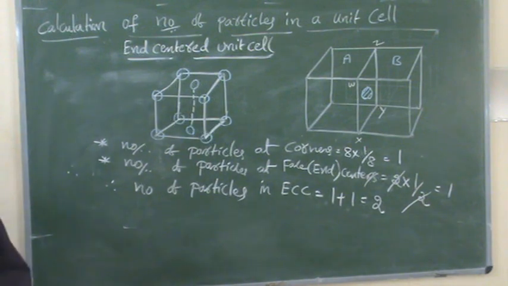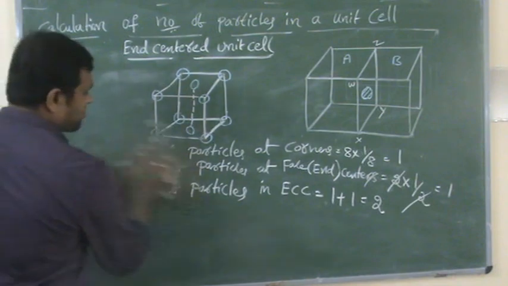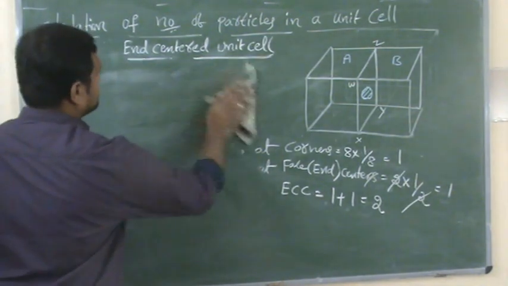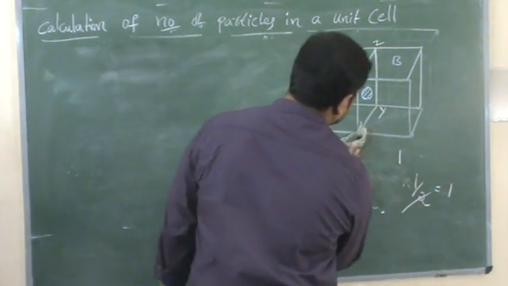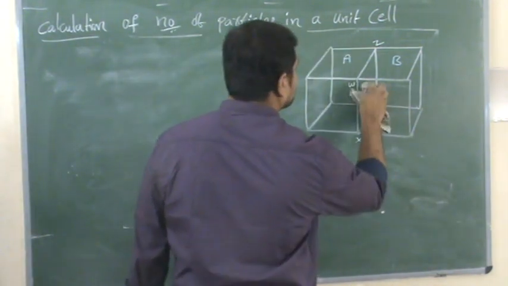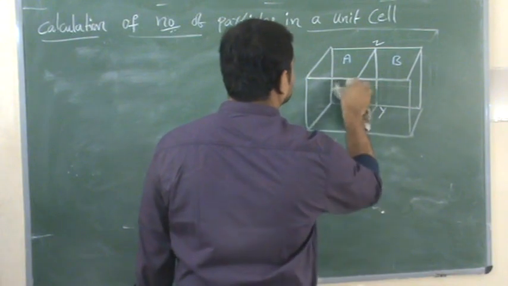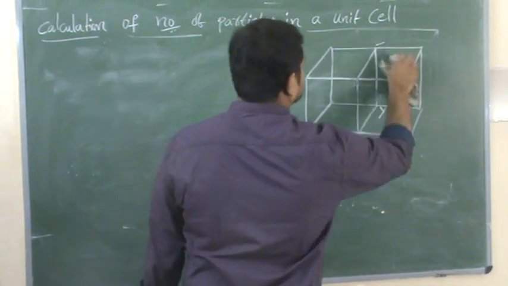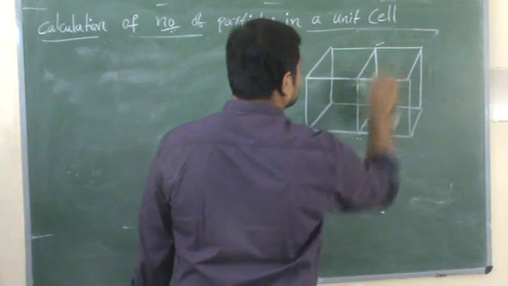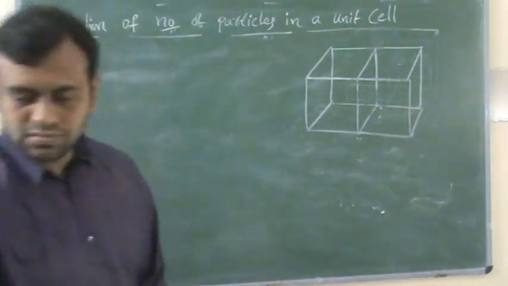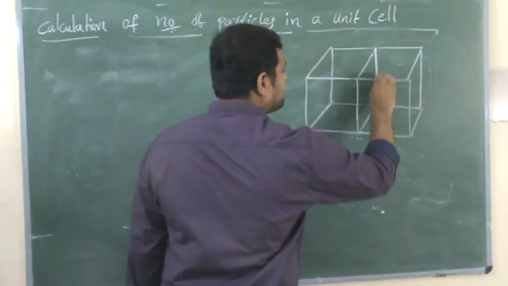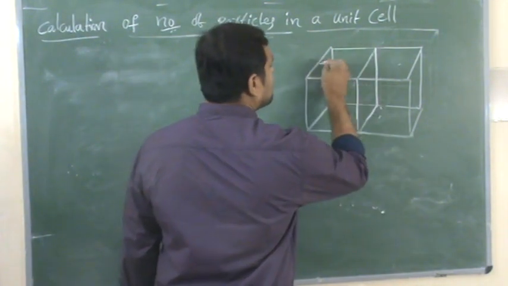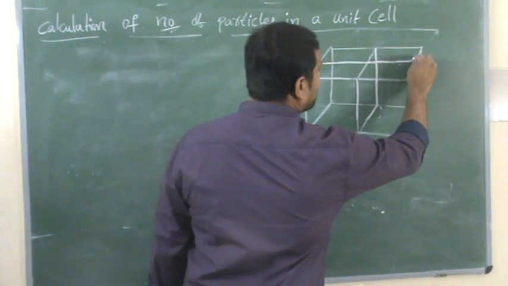Yes. Next, last and final type of unit cell, that is edge-centered unit cell. I will convert this crystal lattice into 4 unit cells.